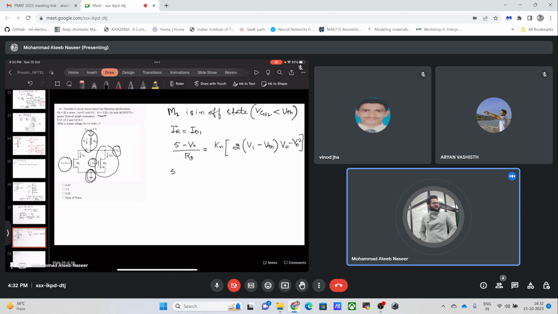So it is simply 5 minus V0 equal to, Kn is 0.1 into 10 to the power of minus 3, RD is 20 into 10 to the power of 3, and 2 times (V1 minus VTH). V1 is 5, VTH is 0.8, so it is 4.2.